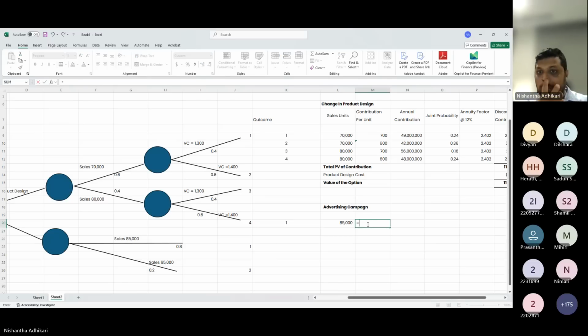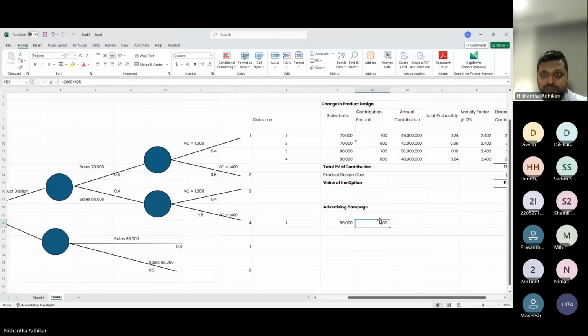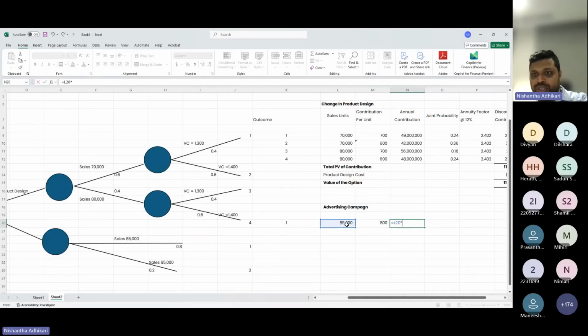Contribution changes: from the 2,000, the variable cost is 1,200, so the contribution will be 800 per unit. Then annual contribution will be 85,000 into 800. Joint probability, there won't be a joint probability, it is 0.8.